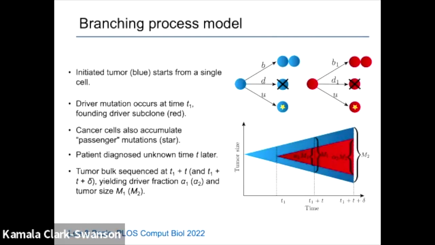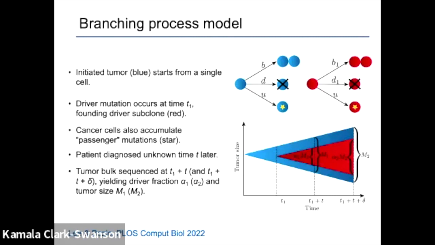But for simplicity in this presentation, I will be talking about just the simple case where we have a single parental population and within it, a subclone with a driver. This is a two-type branching process that starts from a single parental cell. At some later time T1, a driver mutation occurs, founding the driver subclone, which is depicted in red.